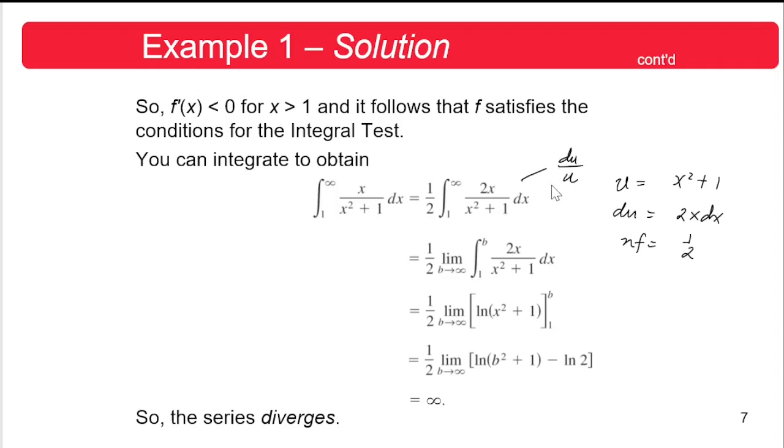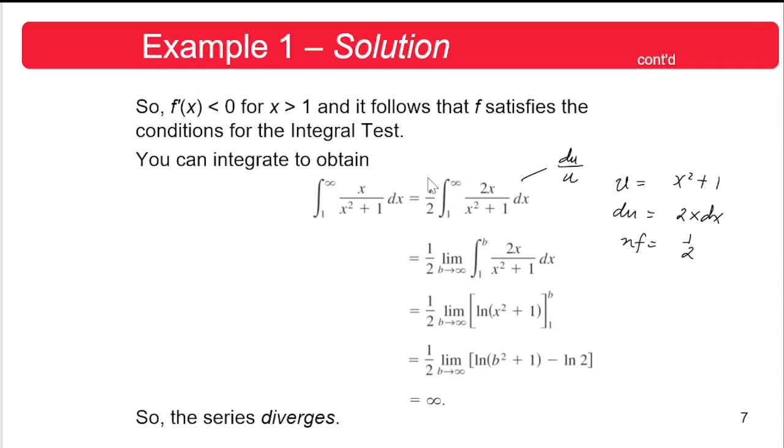Recall that to evaluate the integral of f of x, where x is from 1 to infinity, we take limits because this is an improper integral, because of the infinite limits. To evaluate the improper integral, we take the limit of the integral of 2x over x squared plus 1 dx, where x is from 1 to b, as b approaches positive infinity.